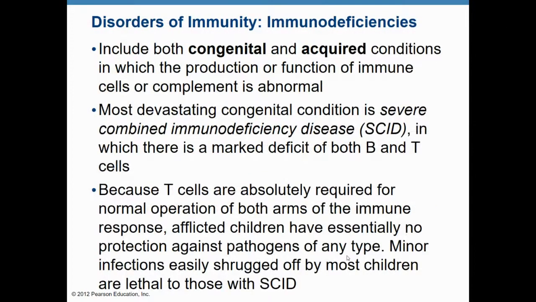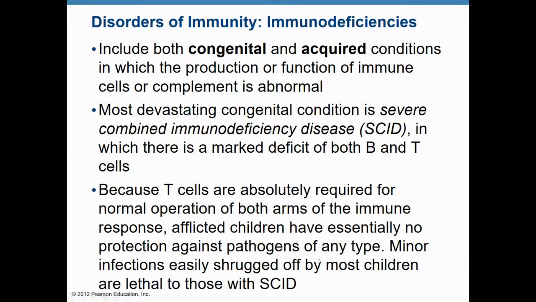Another type of disorder of the immune system is called immunodeficiencies. Immunodeficiencies can be congenital, that means that you are born with them, or they can be acquired over the span of your life. But both of these are going to be whenever there is abnormal functioning of immune cells, or if the complement does not function properly.